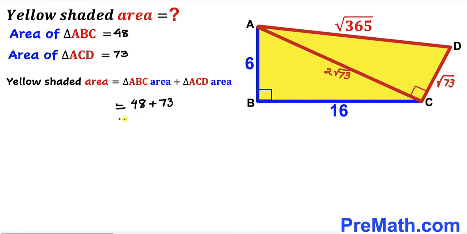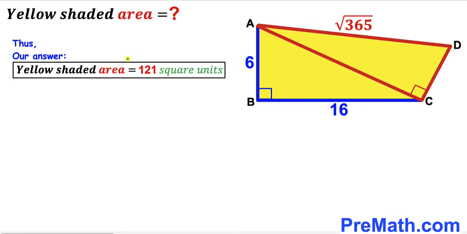When we add these two numbers, that gives us 121 square units, the area of this yellow shaded quadrilateral. So after all the calculations, the area of the yellow shaded quadrilateral ABCD turns out to be 121 square units. That's our final answer.